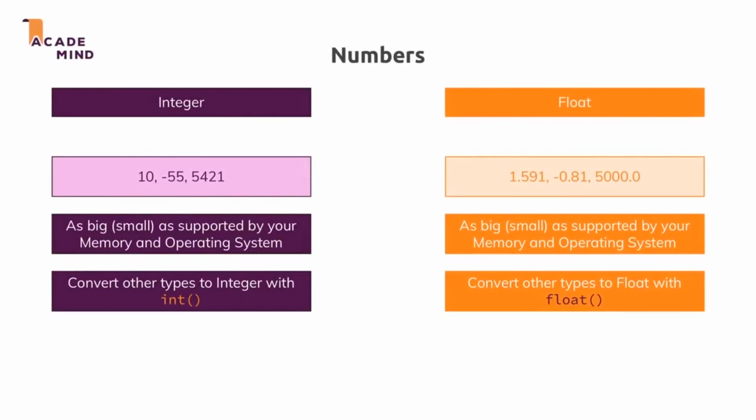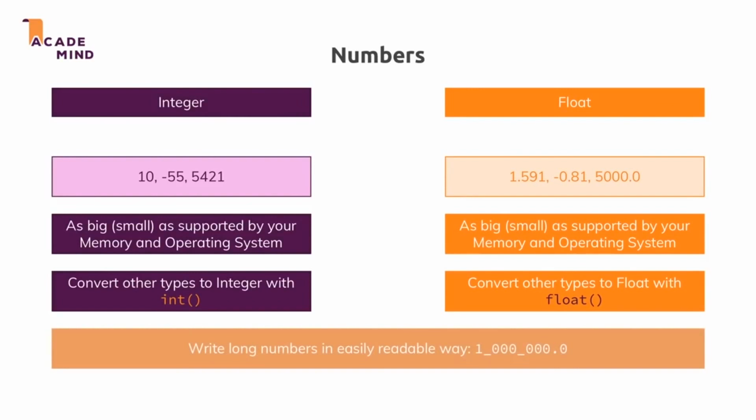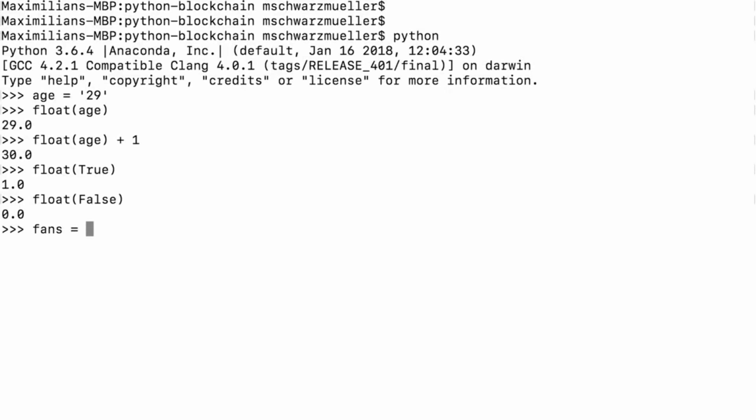Now, one final piece of important information I want to share with you. Both integers and floats can also be written like this here at the bottom. You can add underscores to make long numbers easier to read. So let's say if I would store the amount of fans I got, which certainly is 1 million, then I can of course do it like this. This is a bit hard to read though, so what I can do is I can also write it like this.